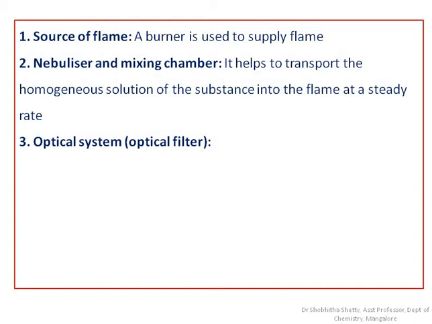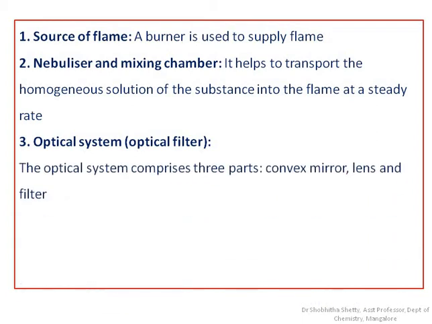So it acts as a kind of color filter here, and also we have a photo detector, mainly to detect the emitted light. The photo detector will detect the emitted light and measure the intensity of radiation emitted by the flame.